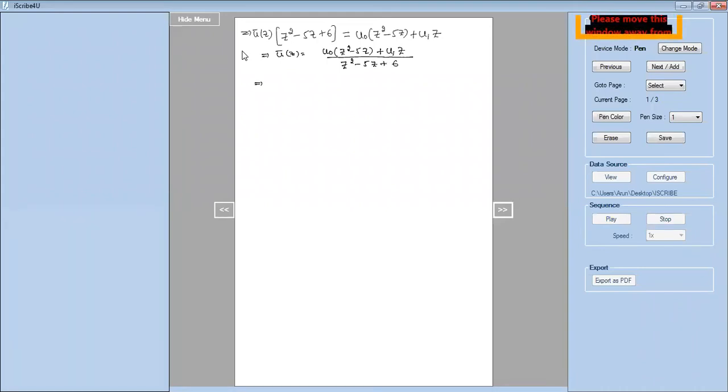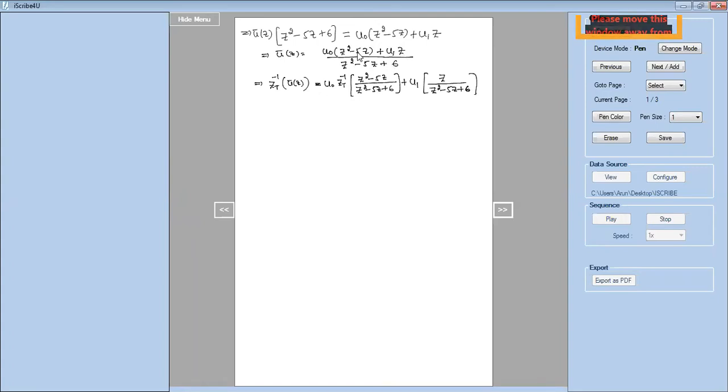Or I can take inverse on both sides and split this as the Z transform inverse of u bar of z equal to the right hand side. I'll keep u naught outside, u naught into the inverse Z transform of z square minus 5z divided by the denominator z square minus 5z plus 6, plus the second term, u1 into inverse of z divided by z square minus 5z plus 6.